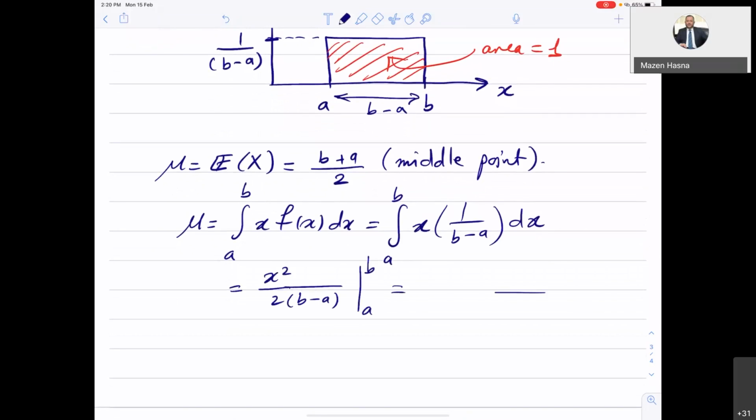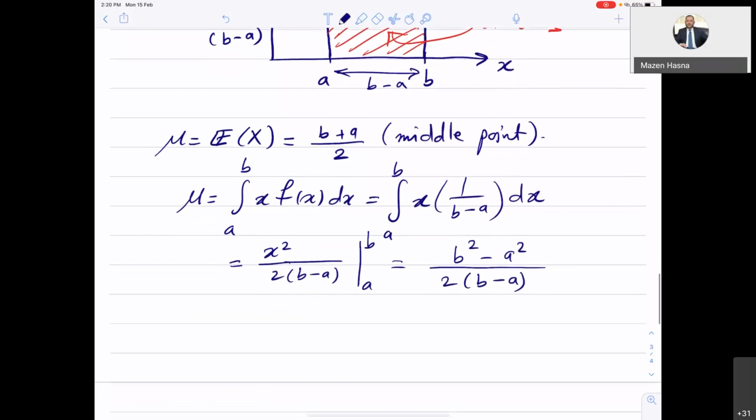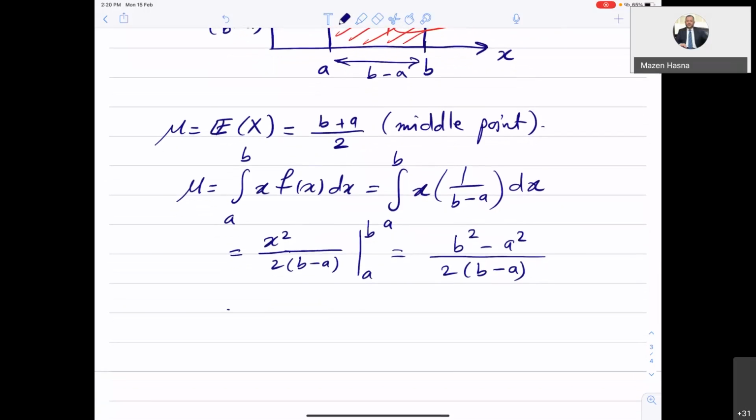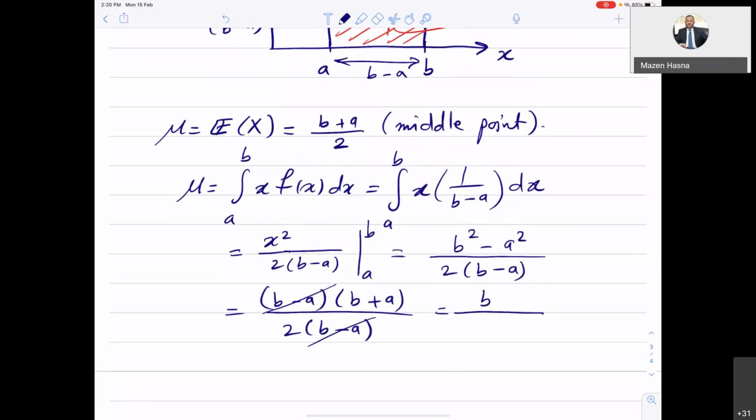So this is simply b squared minus a squared over 2 times b minus a. And we know that b squared minus a squared is b minus a times b plus a. You can expand it like this, and you can cancel, and then you can simply prove that this is b plus a over 2. So this is the mean of the uniform distribution.